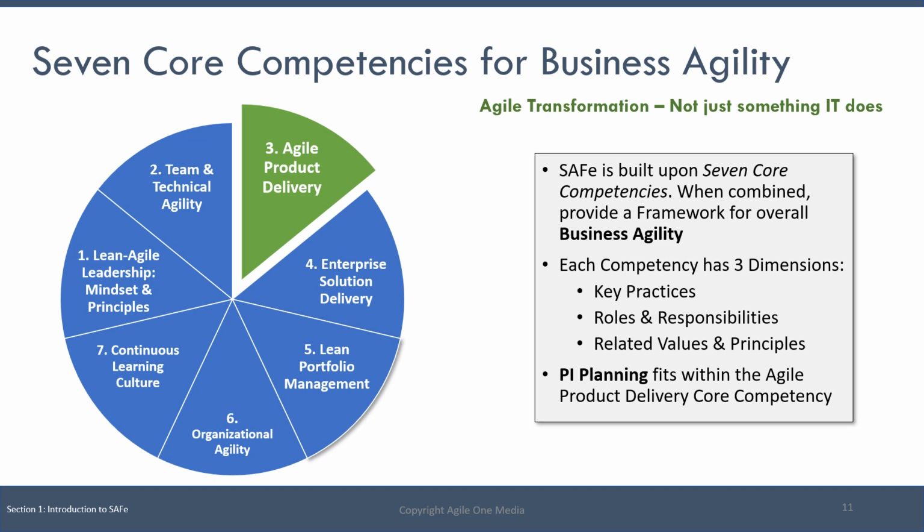Organizational agility is the ability of an organization to sense and quickly respond to threats and opportunities in the fast changing business environments of today. And finally, continuous learning culture is about how organizations must embrace continuous improvement as a way of life, and where everyone in the organization must be involved and contributing to change and continuous improvement.